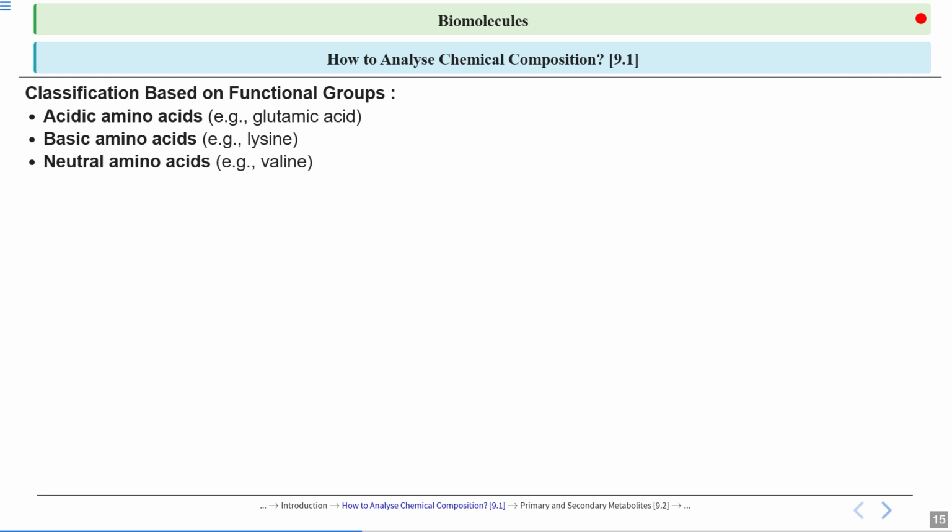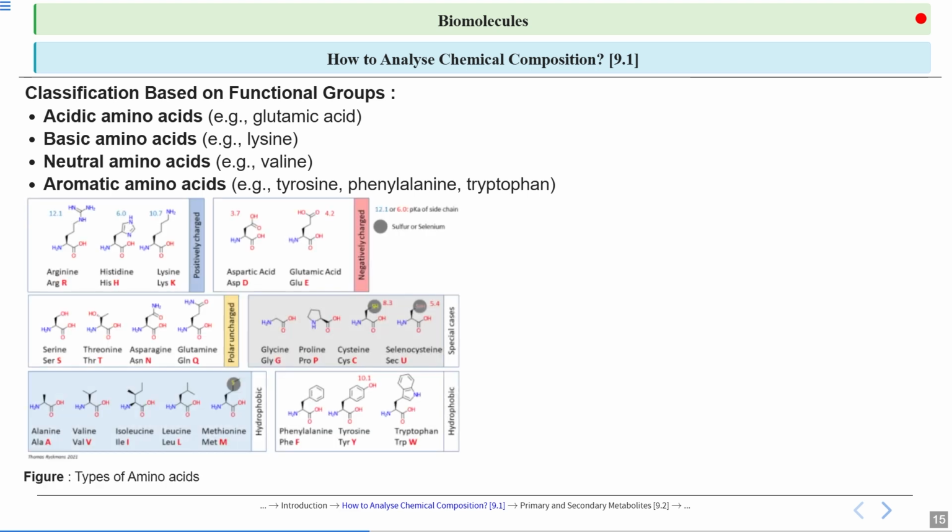These amino acids have side chains that are neither acidic nor basic at physiological pH. Then you have aromatic amino acids, which have ring structures. Examples are tyrosine, phenylalanine, and tryptophan.